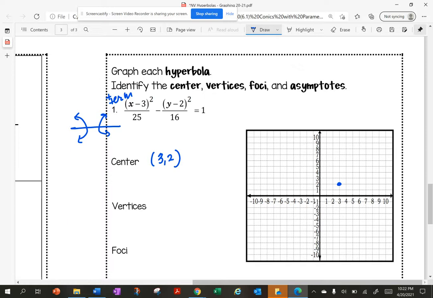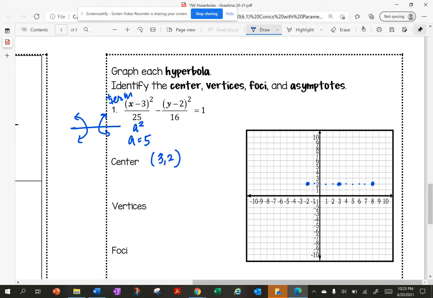Okay, so the next step says graph the vertices. So I know a squared is 25. So I know a is 5. So I am going to graph 5 to the right and 5 to the left. So 1, 2, 3, 4, 5. And 1, 2, 3, 4, 5.